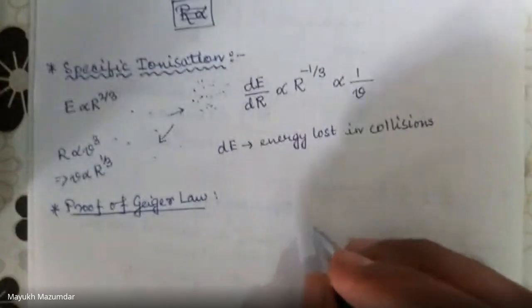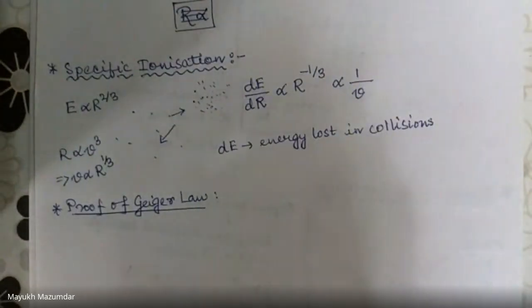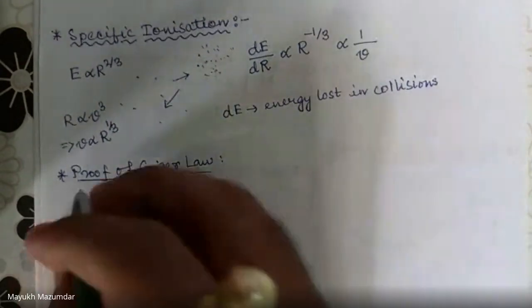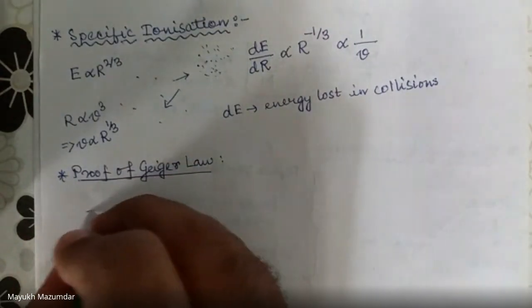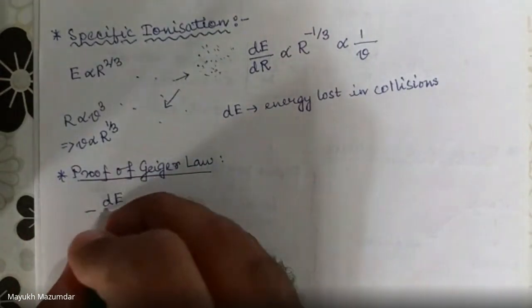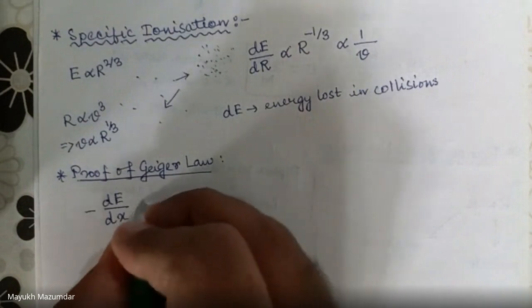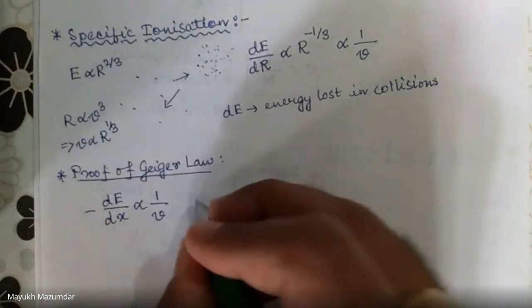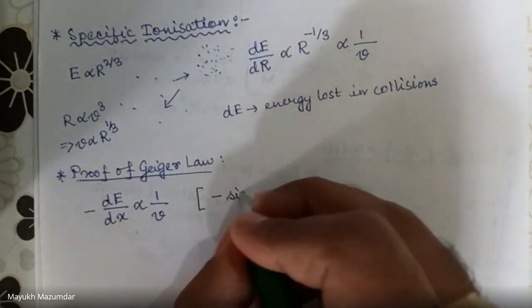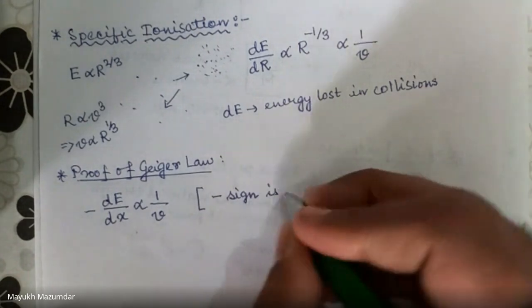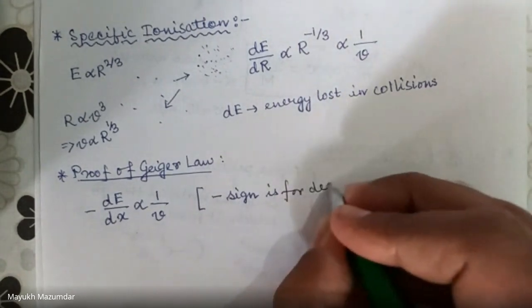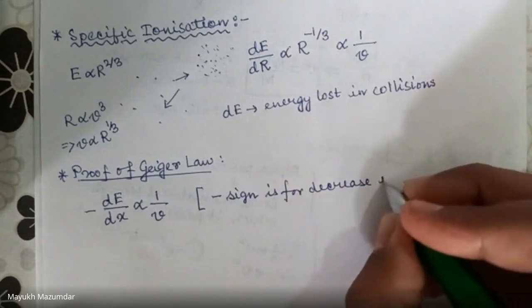So the thing that we got is specific ionization. Let me write it like this: minus dE dx, which is proportional to 1 by V. Why is the minus sign? Minus sign is for decreasing energy.